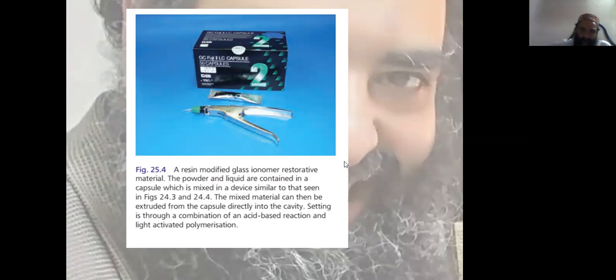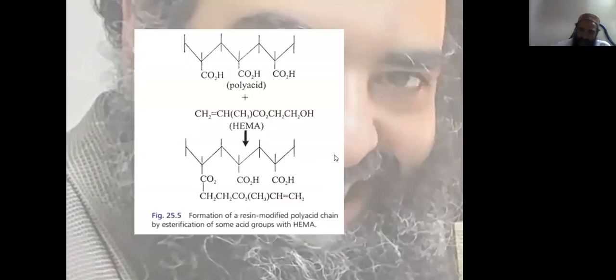These are present in this container or capsule, in this pouch, where a capsule can be mixed as we have mixed the glass ionomer, or as we have mixed the amalgam. And again, this can be extruded through this tip directly into the cavity. Again, the mode of activation is light polymerization.